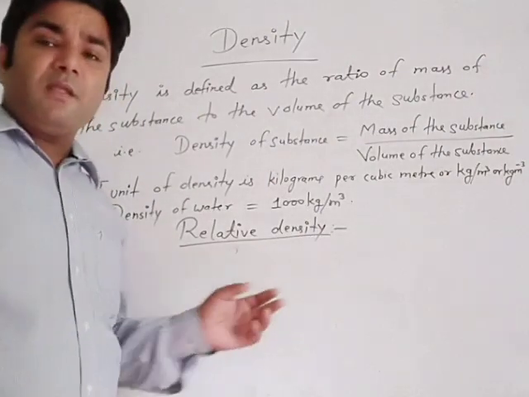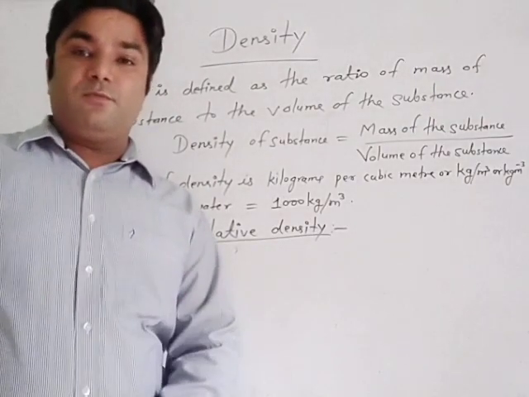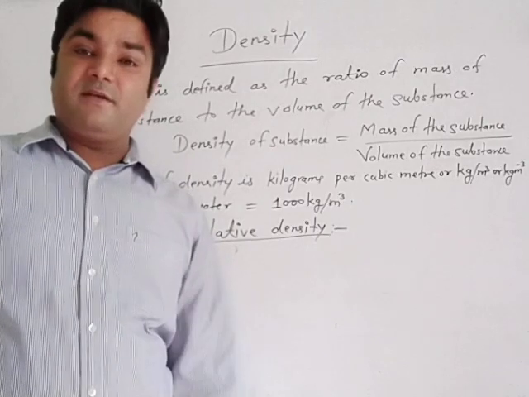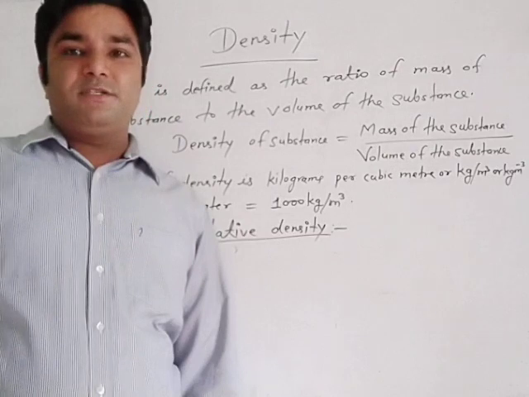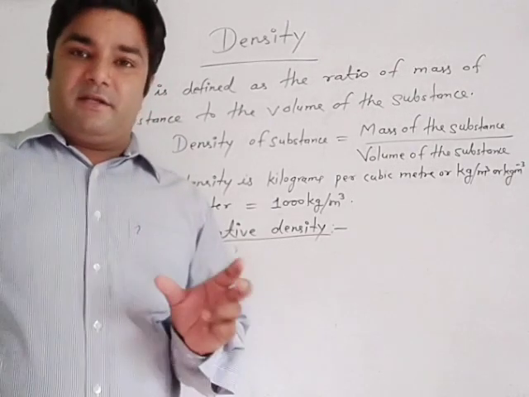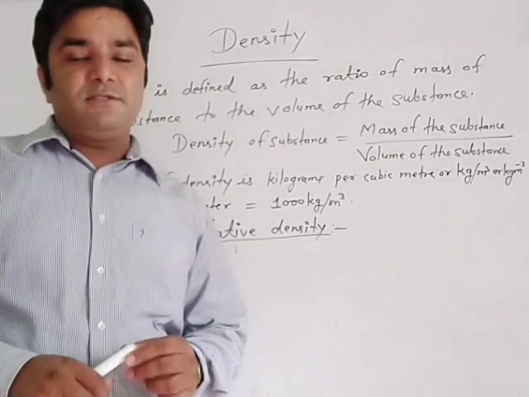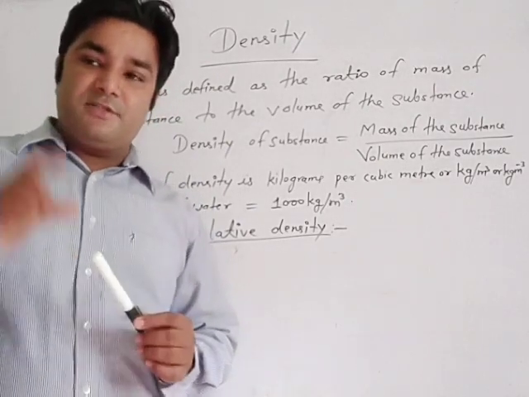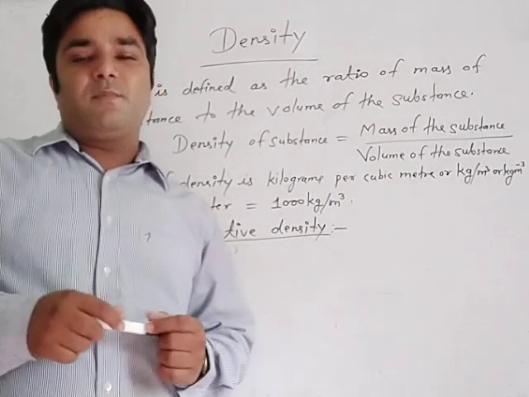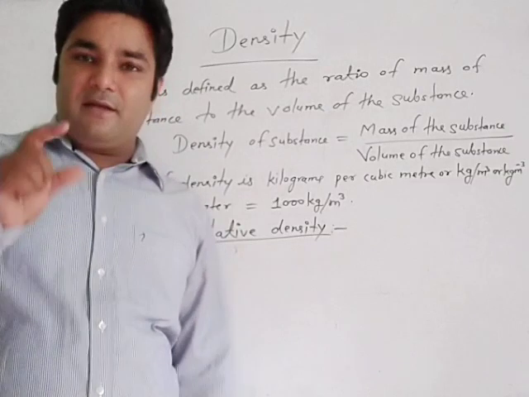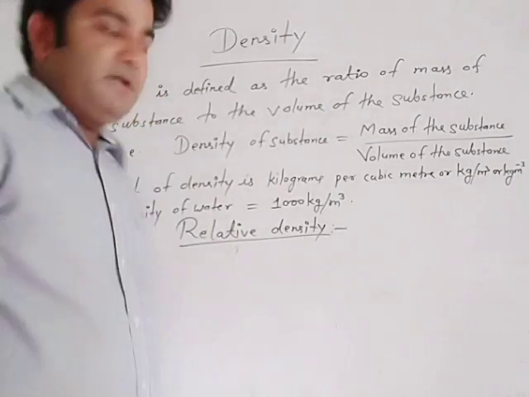Listen, it is defined as the ratio of density of a substance to the density of water. It means relative density of a substance is equal to density of substance upon density of water, and the density of water is always taken at 4 degree Celsius. The concept of 4 degree I will explain shortly.